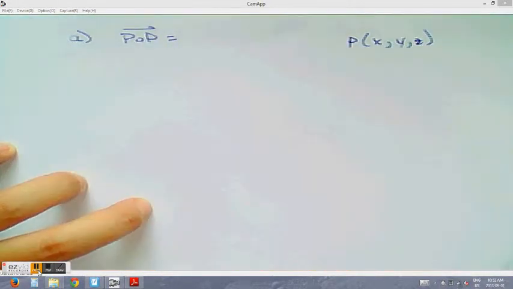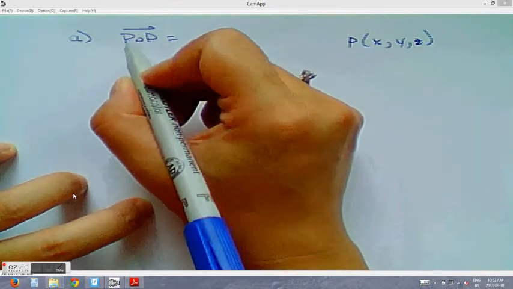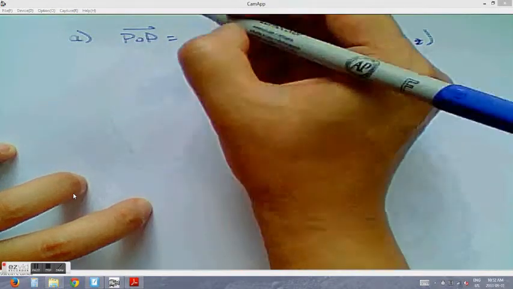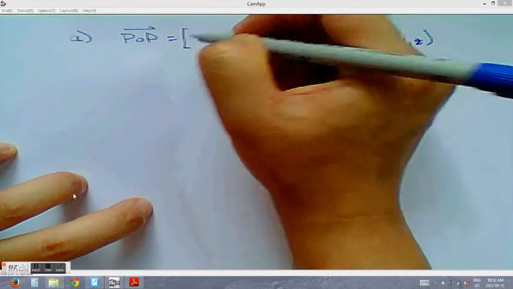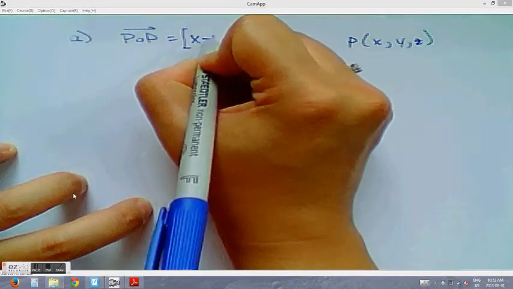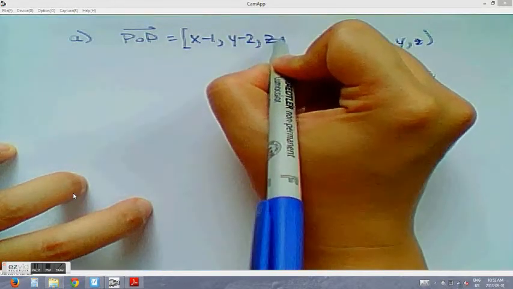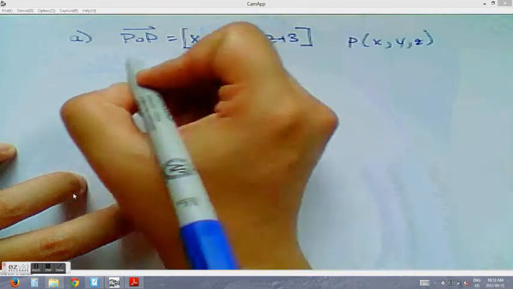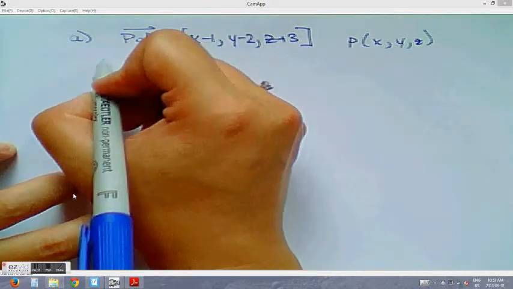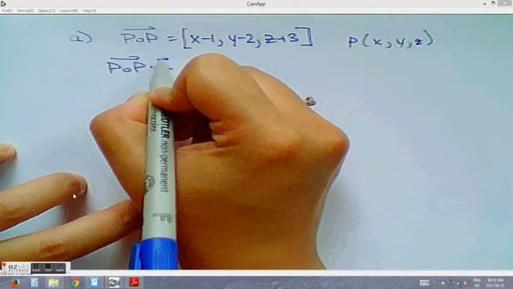And now P naught was (1, 2, negative 3). To find P naught P, it's P minus P naught to get each point. So I can say that (x minus 1, y minus 2, z plus 3) is the vector on the plane.